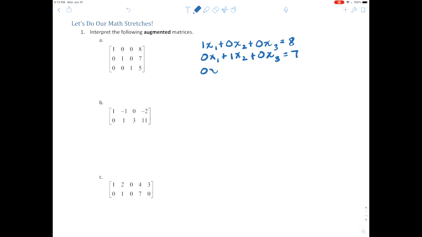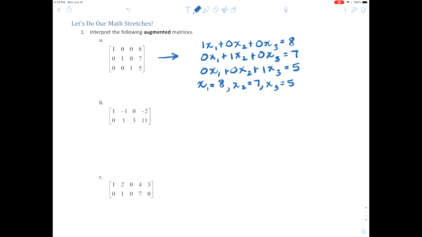And then 0x1 plus 0x2 plus 1x3 is equal to 5. So this is the equivalent system, okay? Well, of course, what do we get? We just get that x1 is equal to 8, x2 is equal to 7, and x3 is equal to 5.